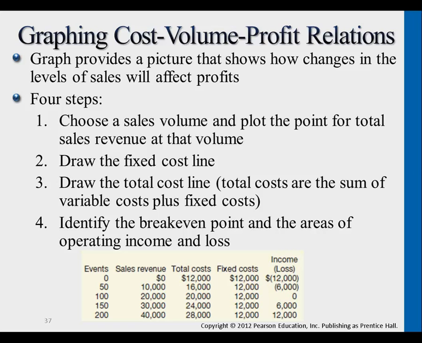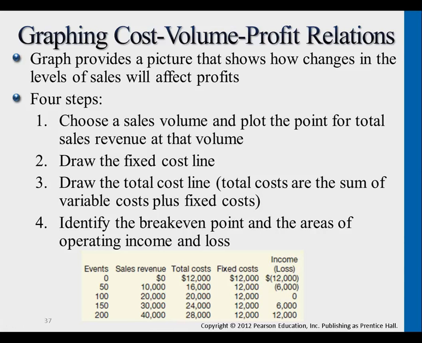So for example, if I'm looking at 200 events and there are $200 per event, then my sales is what? 40,000. So I'm making first a little table before I plot, right? So my sales revenue goes from the origin 0 through the 40,000 point. So we'll start at that for right now. Just keep that in mind.